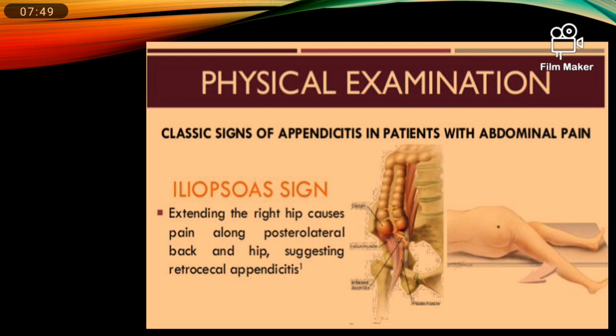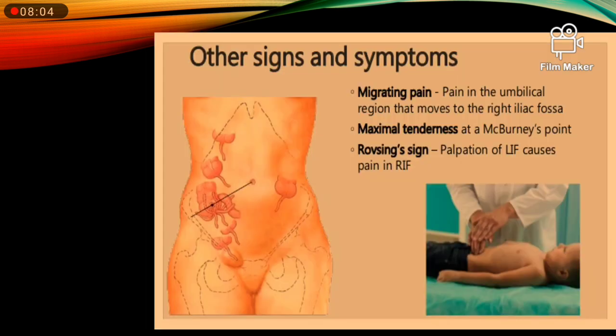I have already told that retrocecal is the commonest position of the appendix, and in such cases, if you lie the patient like this and extend the hip joint, there will be pain. So this is the iliopsoas sign.